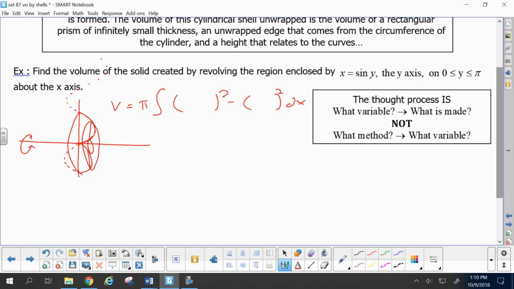Cool. And big R is here. Now, big R is the distance from the axis to the curve. And in x terms or y terms? X, okay. So what's the equation in x terms? Arc sine of x, and that's big R, yeah?